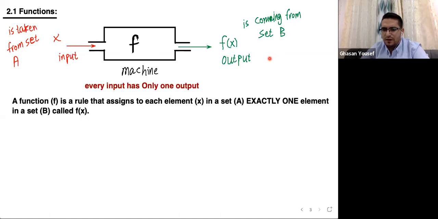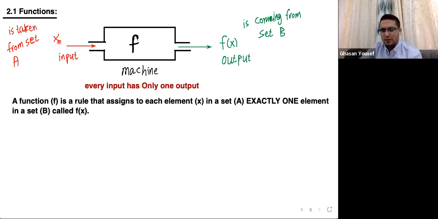This is very nice, correct. A relation between input and output. But for every input, we have exactly one output.